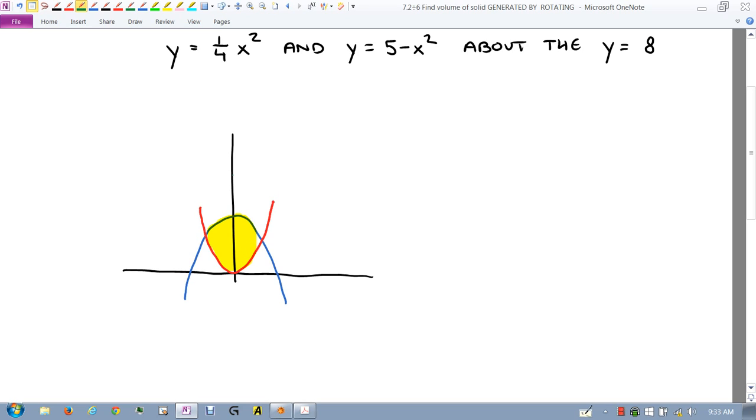Y equals 8 is up here, which means your axis of rotation is this. You see the difference? The axis of rotation is moved up. If I take that yellow region and rotate around y equals 8, is that the same volume as the one we just did?